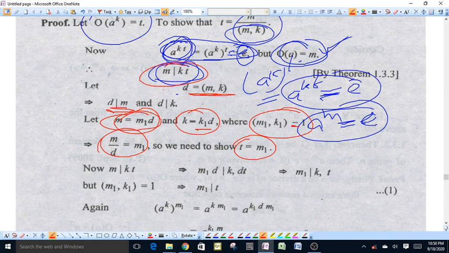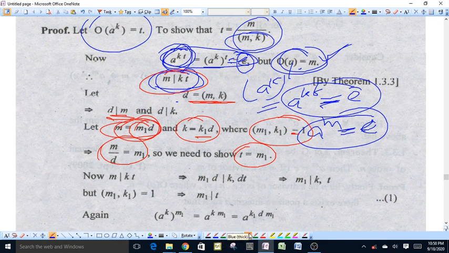Because m divides kt, but m is equal to m1d, putting the value of m, m1d divides kt.